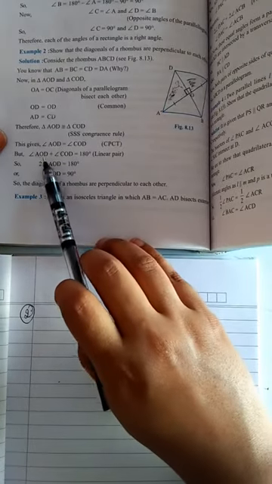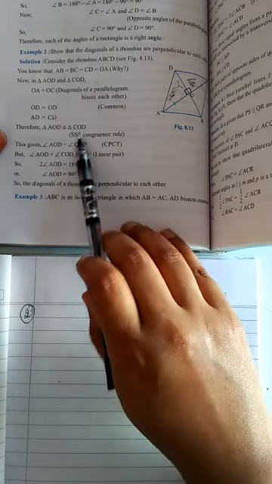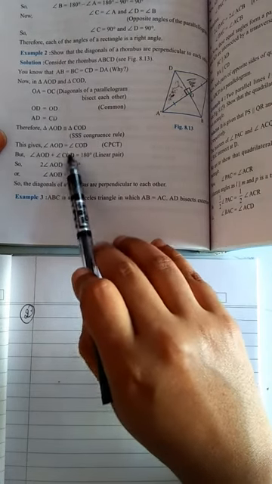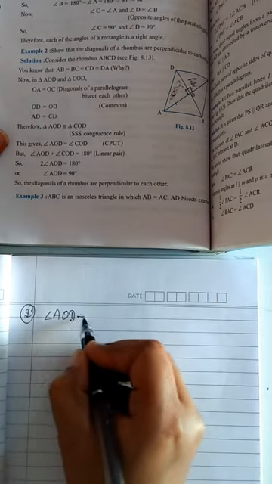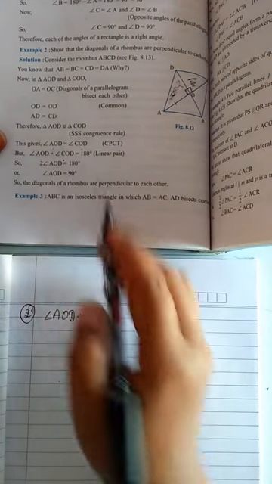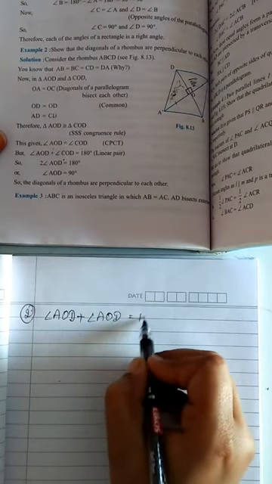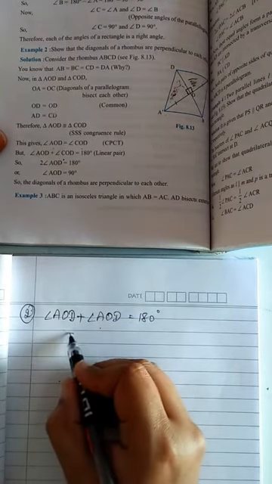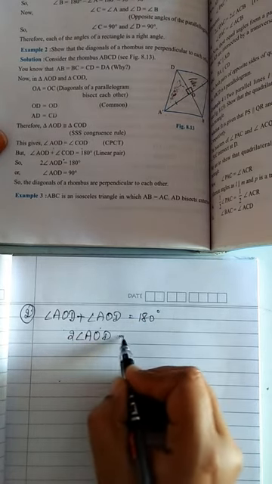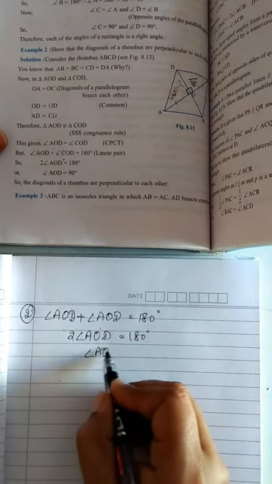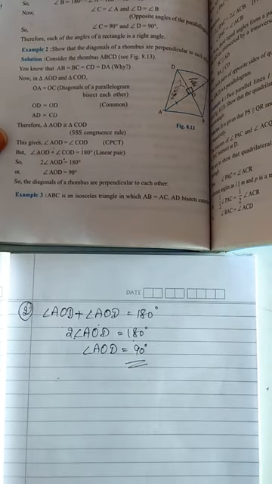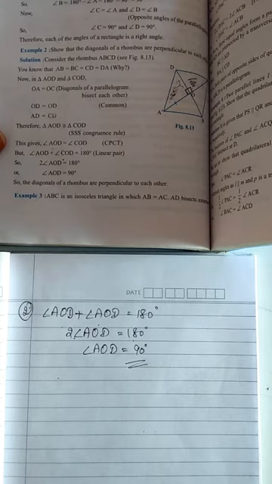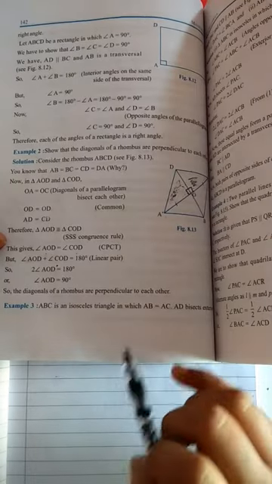And also we know that AOD is equal to COD, so we put the value of COD as AOD. Instead of AOD plus COD we can write AOD plus AOD, because both are equal, which is equal to 180 degree. So 2 times angle AOD is equal to 180 degree. Taking 2 to this side, we get angle AOD is 90 degree. So the diagonals of a rhombus are perpendicular to each other.